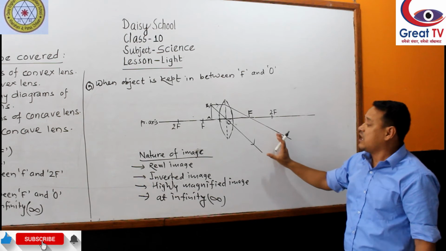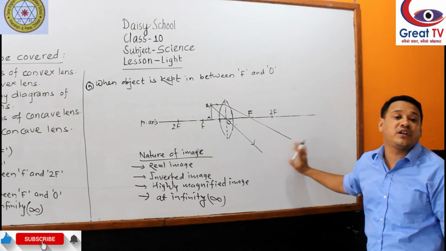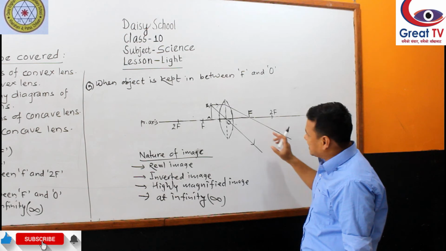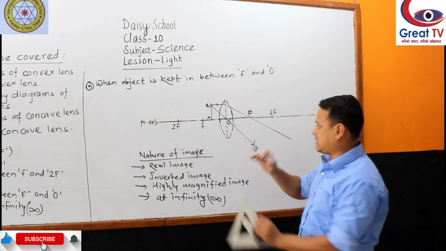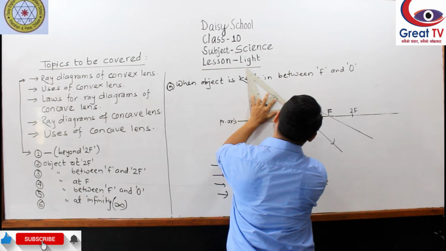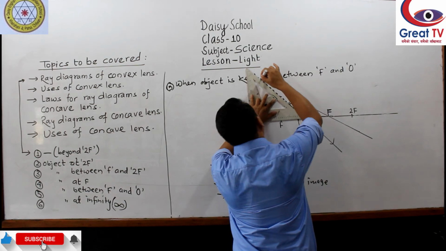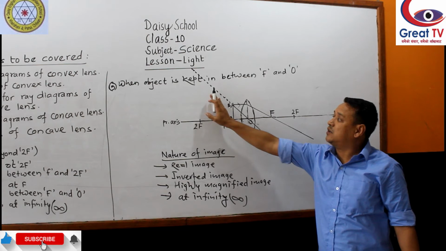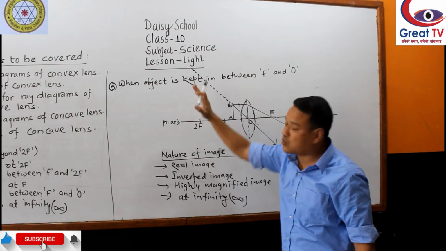If we draw them continuously downward, they never intersect. But if we draw these two light rays in the backward direction, they may intersect. So let's draw a line here. This is a dotted line only. This is not a real light ray, this is only virtual. Virtual, only we think. If we extend it backward, what happens?